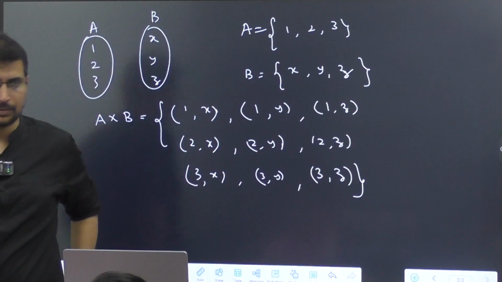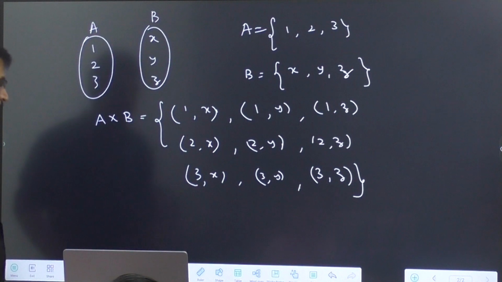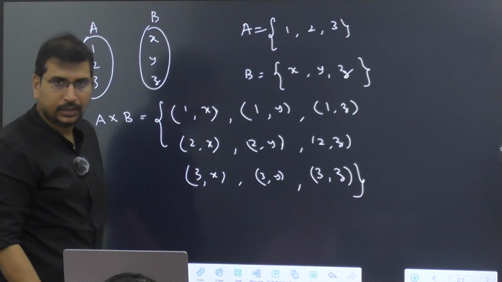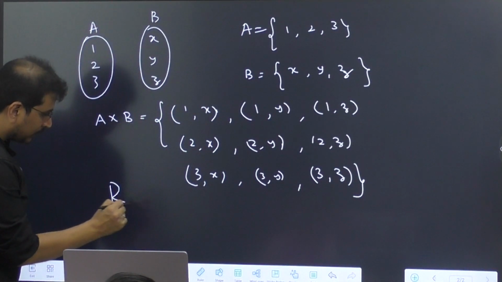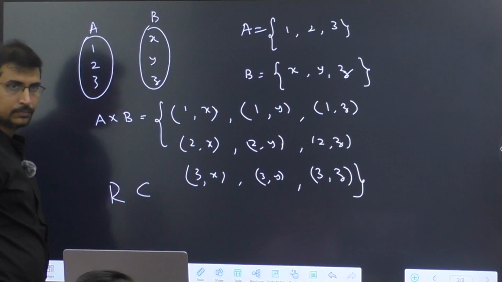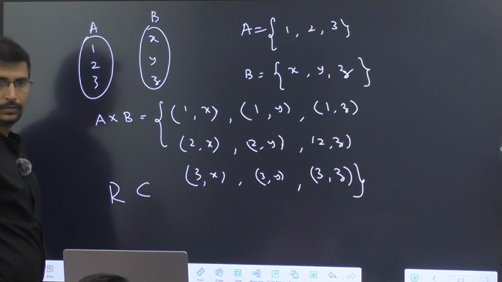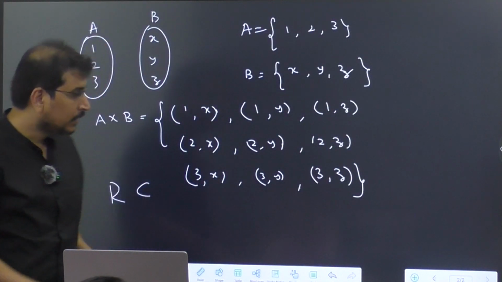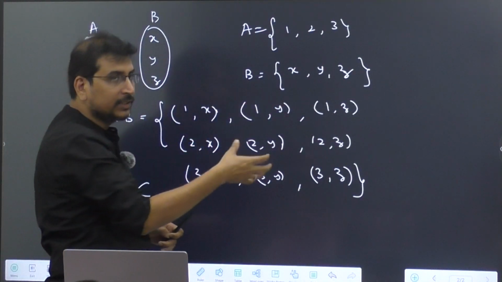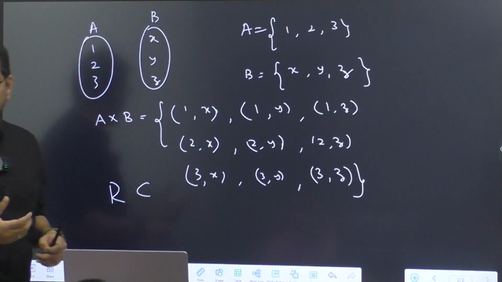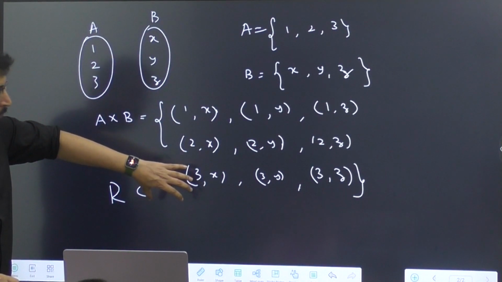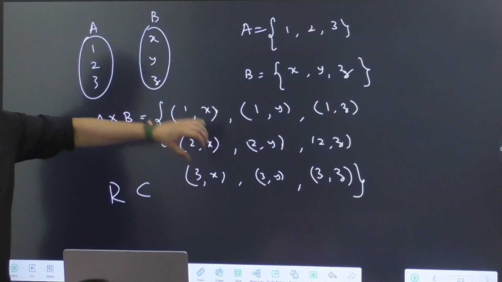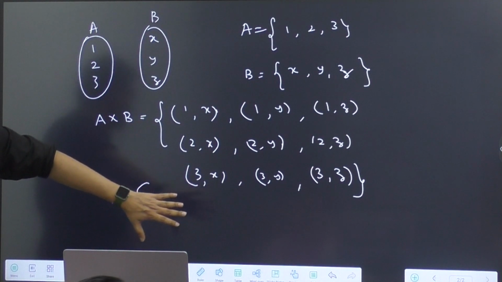Relation is not multiplication. So I'll tell you. Basically, relation is a subset of the Cartesian product. Are you able to recollect what I'm trying to say? If I take some elements from the ordered pairs and write them as a separate set, then that can be called a relation.